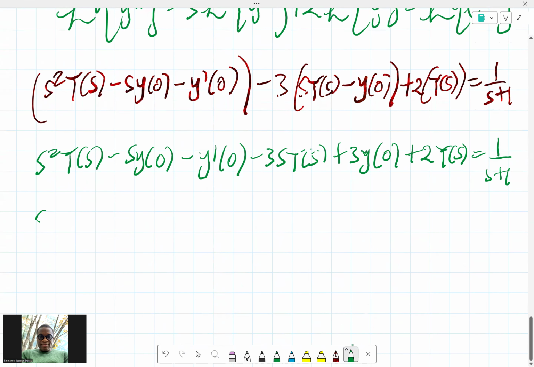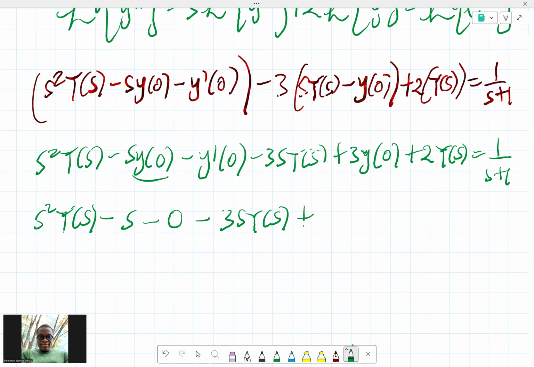Okay, so this is s squared y of s. So y of 0 is 1, so we have s times 1, so that will be s minus y prime of 0 is 0. That looks good for us. Minus 3s y of s plus what again? 3y of 0. y of 0 is 1, so 3 times 1 plus 2y of s.